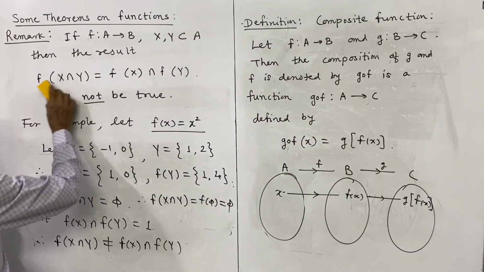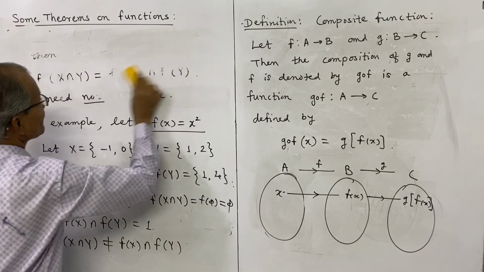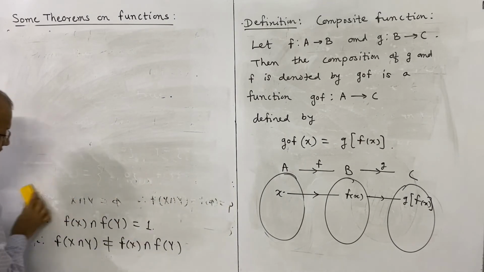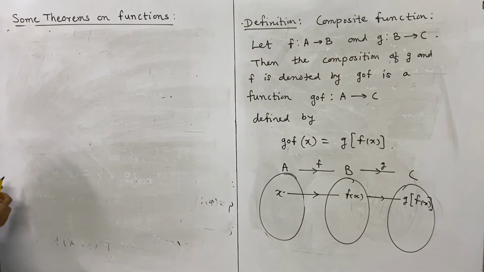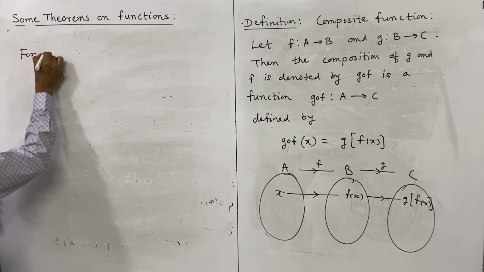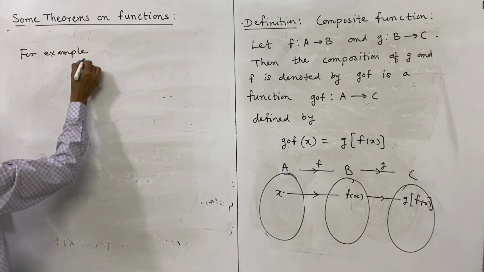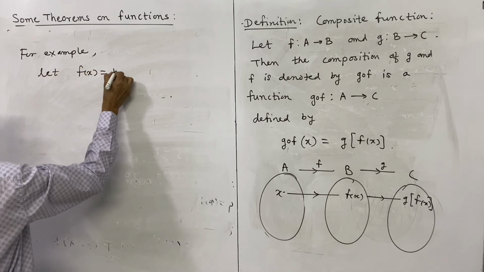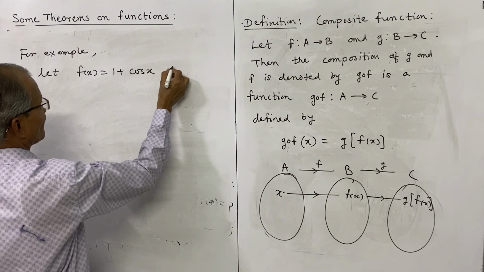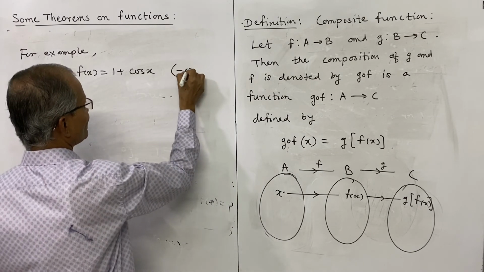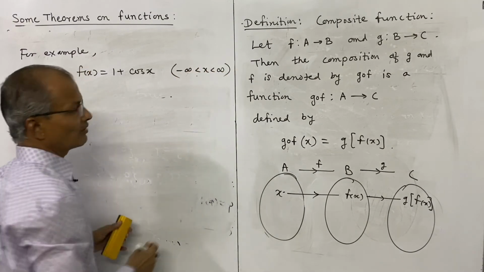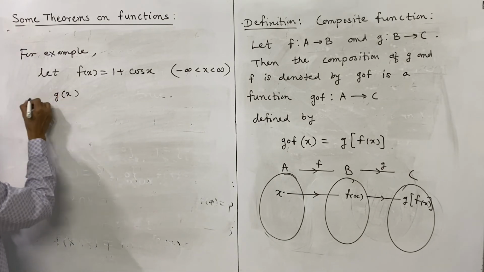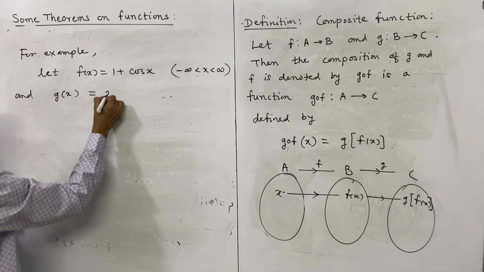That is the meaning. For example, let f of x be equal to 1 plus cos x, and here x will take any real number value, and g of x is equal to x square.